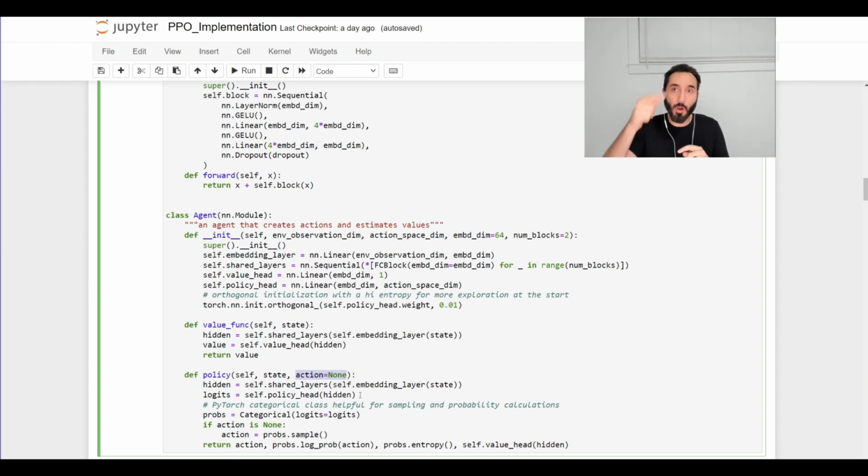In phase one, we go over the game and play it. We actually take actions. But in phase two, we just analyze the actions that we took and try to modify them into better actions. We don't actually take actions. So this is for phase two, as we will see later in the implementation too.